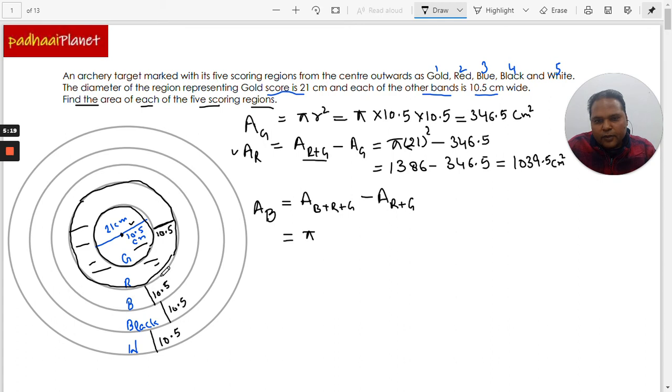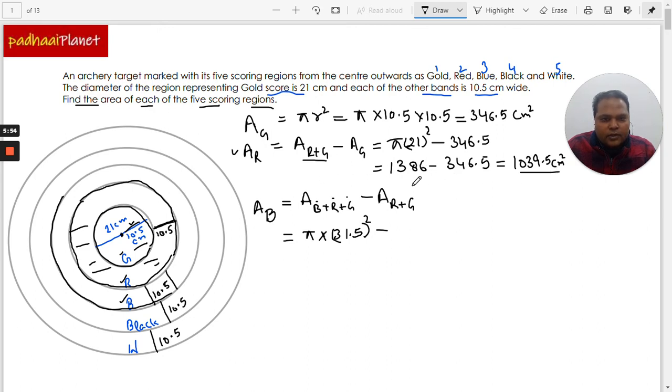We are talking about B, R and G, so this will be the main circle. The radius of this circle is this distance plus this one and plus this one, which makes it 31.5. It will be the square of 31.5 because of the pi r square formula, minus the value we already have.